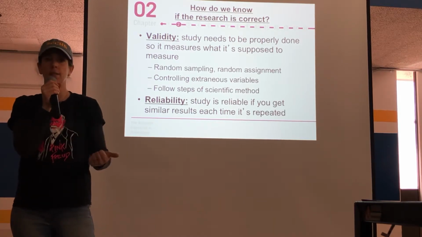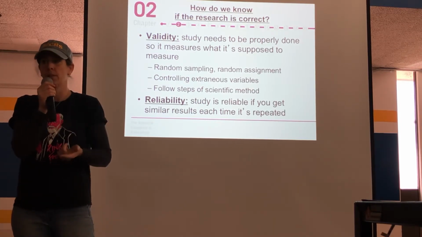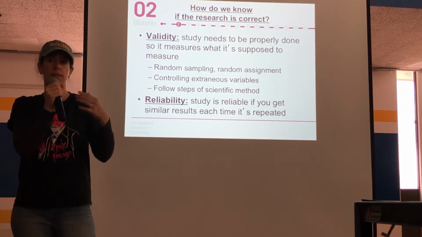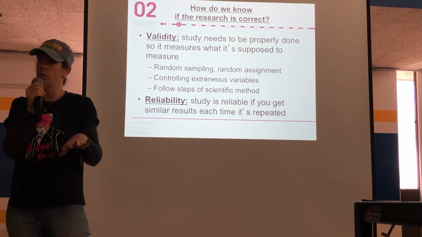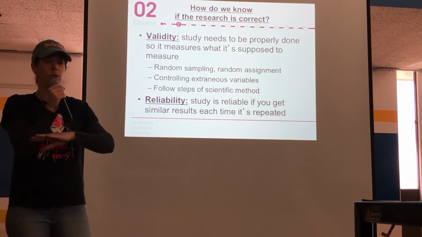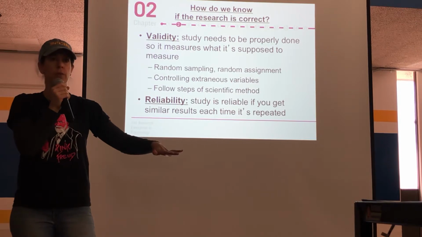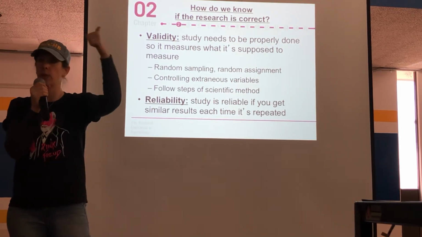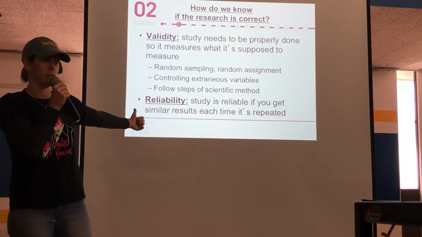Replicate. Repeat. Results. So if you repeat the experiment and you get the same or similar results, you have high reliability. If you repeat it and you get totally different results, you have low reliability. So what do we want? High reliability and high validity.